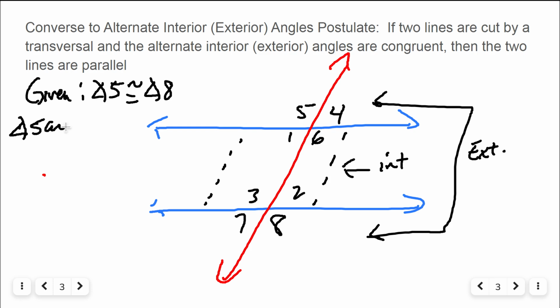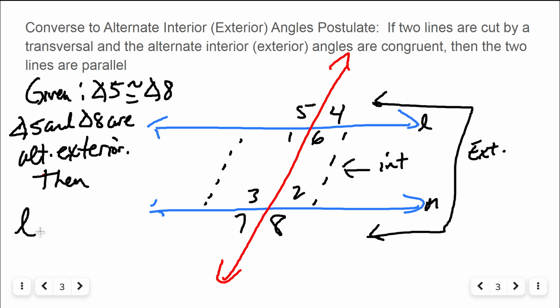So angles 5 and 8 are alternate exterior angles. And if alternate exterior angles are congruent, then the two lines are parallel. So if we call this line L and line M, then we can say L is parallel to M. Those two lines are parallel to each other.